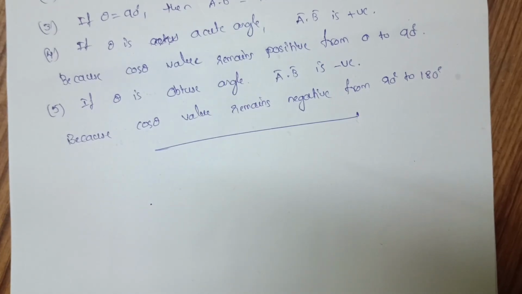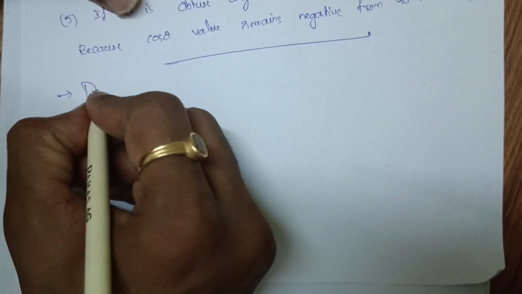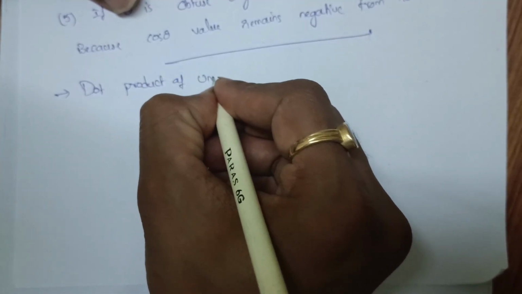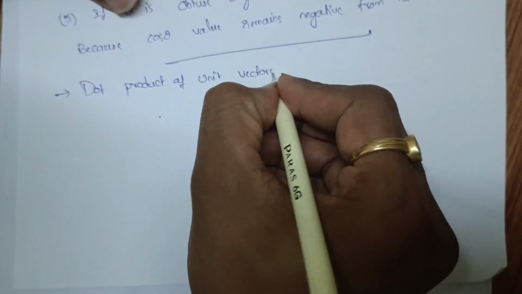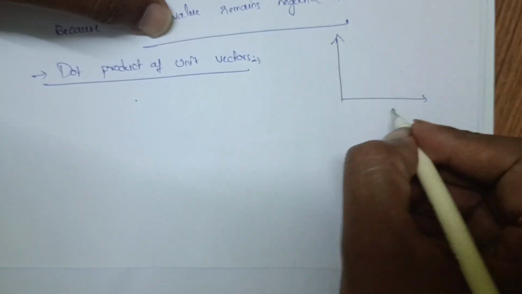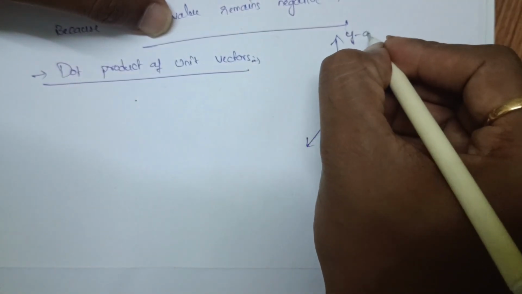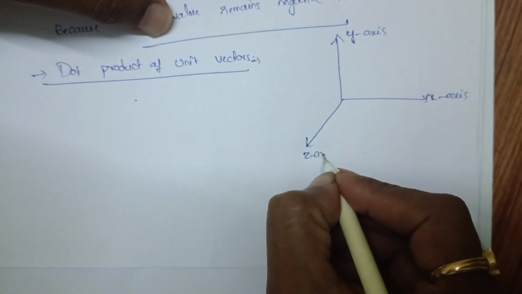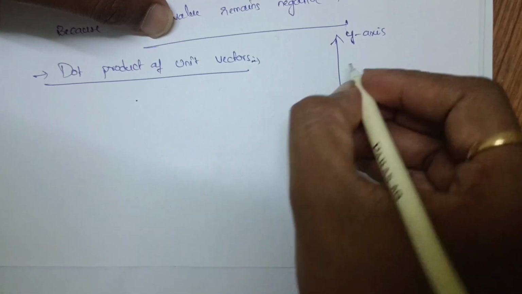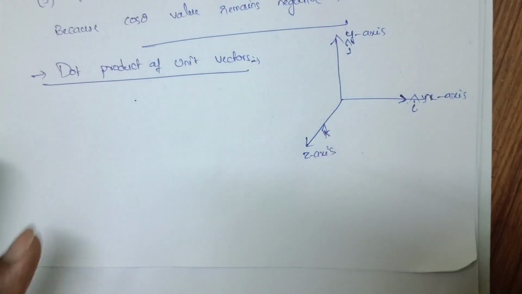dot product. Now next concept, dot product of unit vectors. It is important to represent. Suppose it is i, j, k, that is x axis, y axis, z axis, and this is i, this we represent with j, this we represent with k.